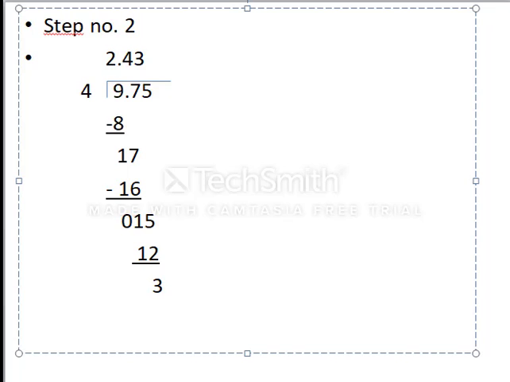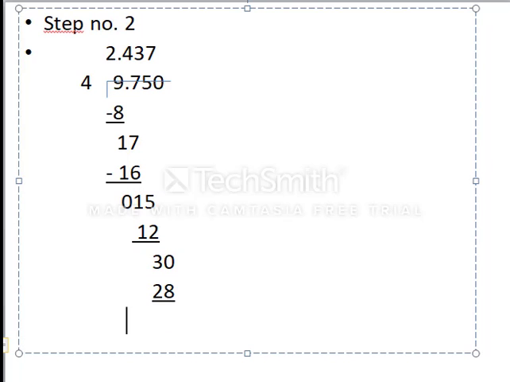Now I don't have any number to take down here, so I'm going to add a 0 and take down the number 0. A number that multiplied by 4 is equal to 30, no number, but the nearest number is the number 7. 4 times 7, 28. 30 minus 28, it is 2.